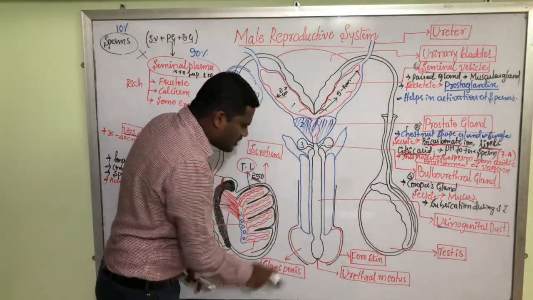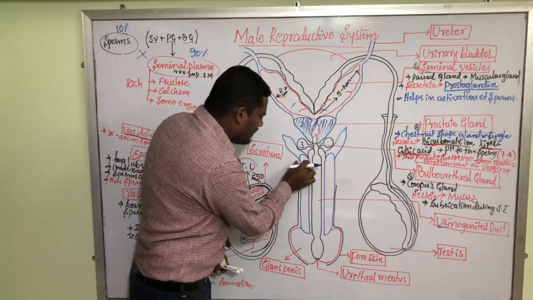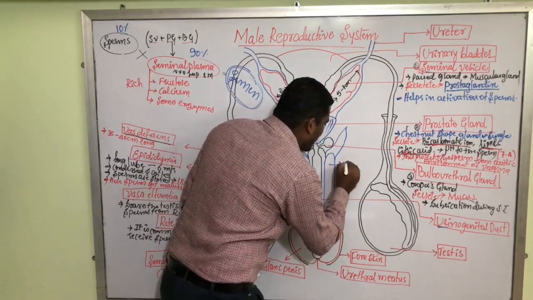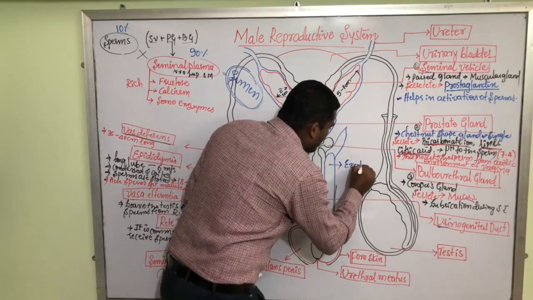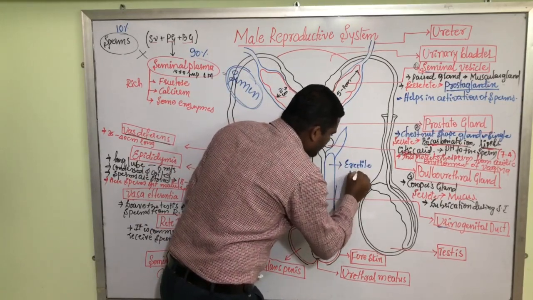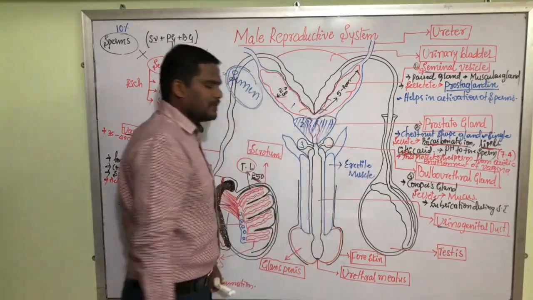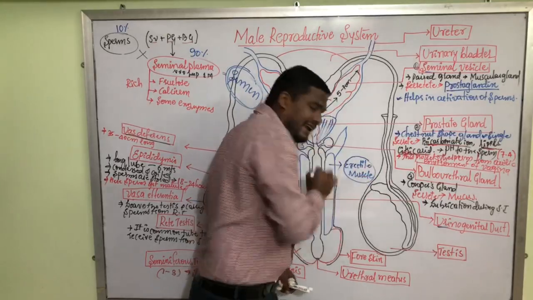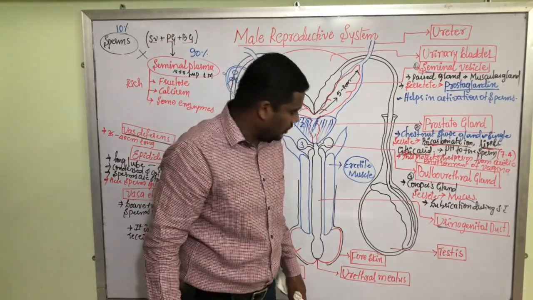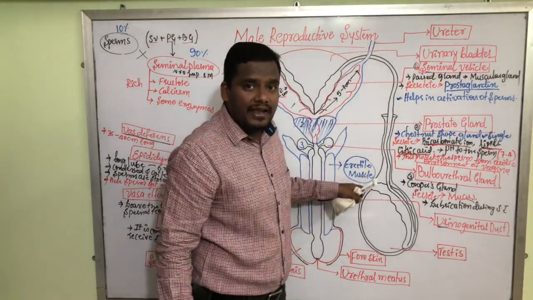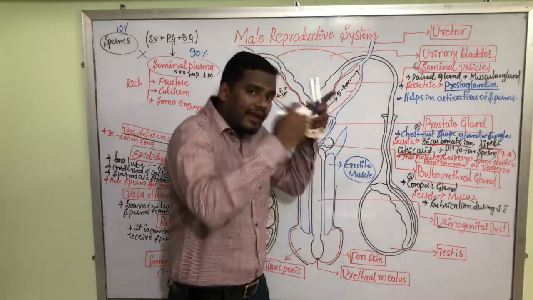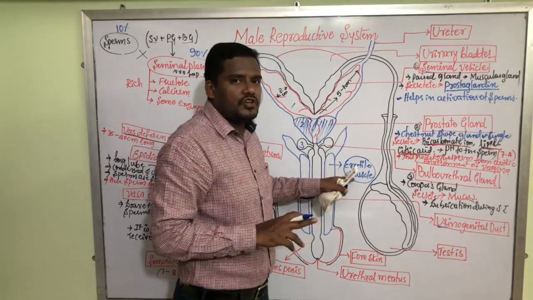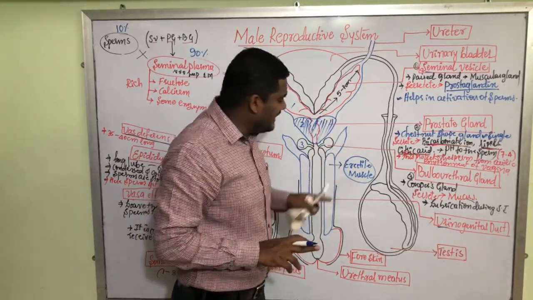And this urinogenital duct is covered with muscles. These muscles are called erectile muscles. They get erected during sexual intercourse for insemination. If these muscles fail to erect, the person cannot achieve the insemination.